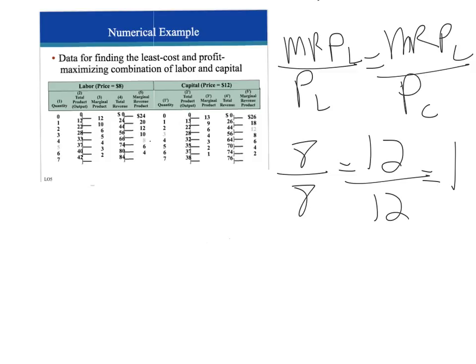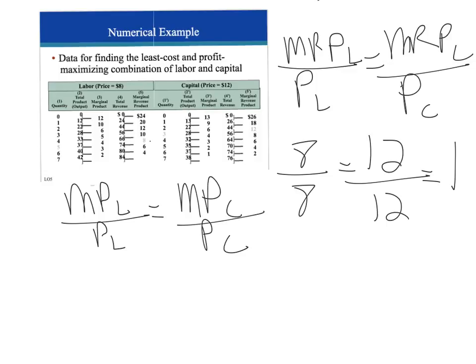So the least cost rule, again, marginal product of labor divided by the price of labor equals marginal product of capital divided by the price of capital. The marginal product of labor for the fifth unit is 4. The price of labor is 8, so we get 1/2.